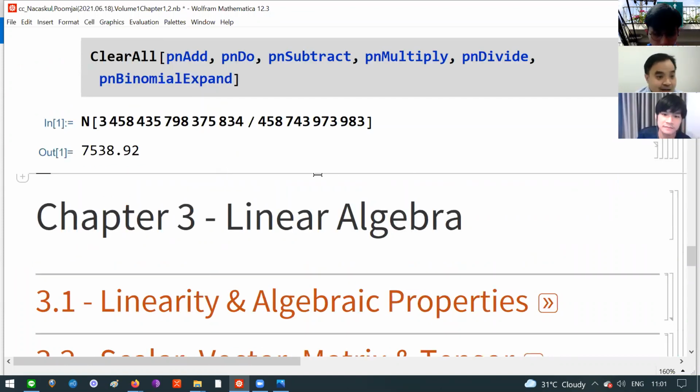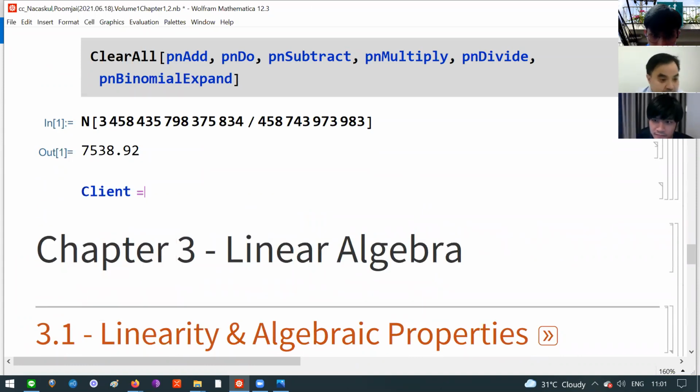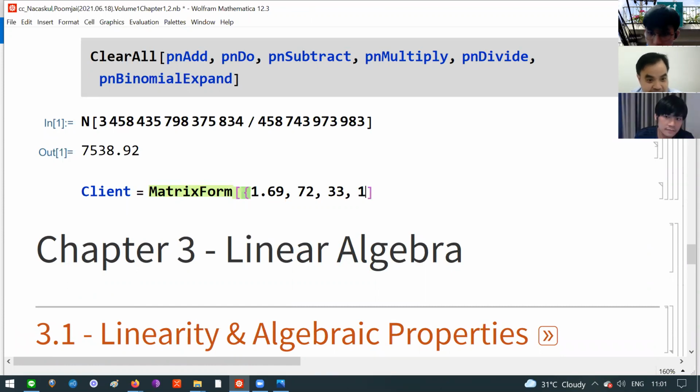Okay, client is equal to. Let me write the matrix form. Something like, say, 1.7, 1.69, and 72, and 33 and 36 or whatever.